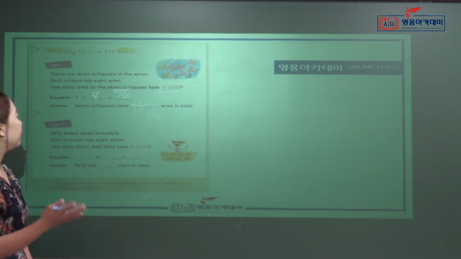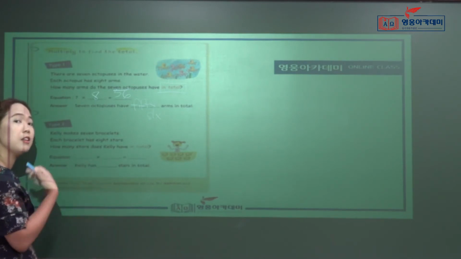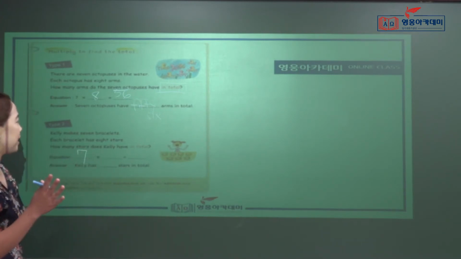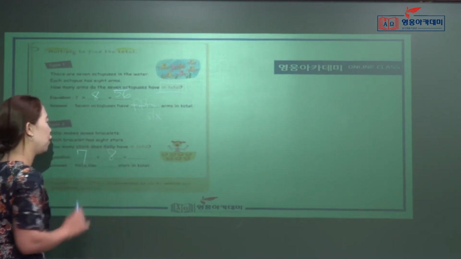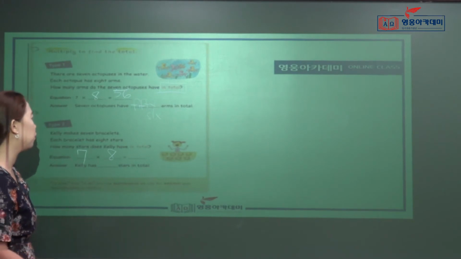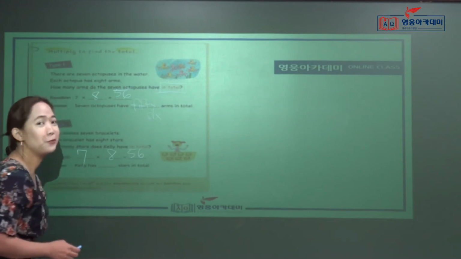Let's read together. Kelly makes 7 bracelets. It's the same, so I'm gonna write the number right now, 7. Each bracelet has 8 stars. How many stars does Kelly have in total? 7 times 8 is also 56.